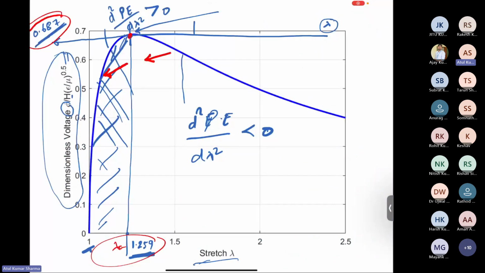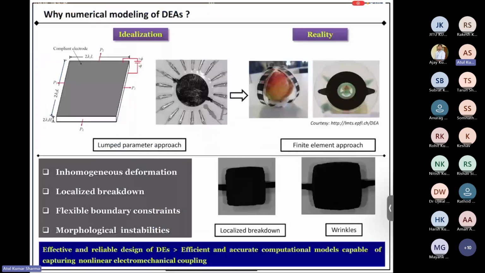I'm not going further because Aman has already explained why we need finite element modeling. Here, the one assumption that we made was homogeneous deformation. But in actual practice, if you see this mirror kind of thing, I talked about focal length, it is not a case of homogeneous deformation.